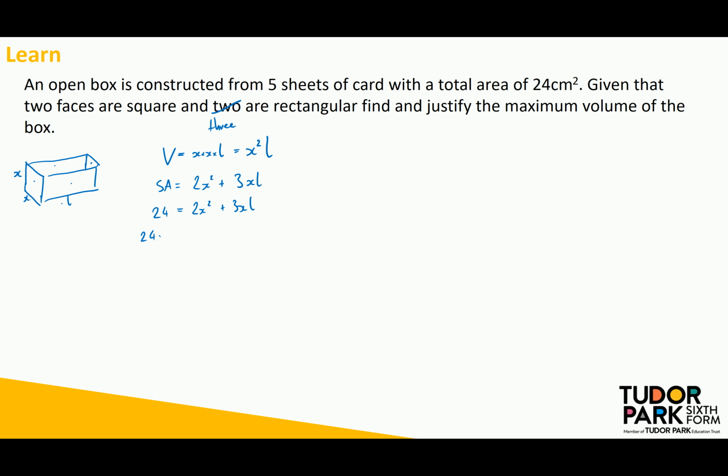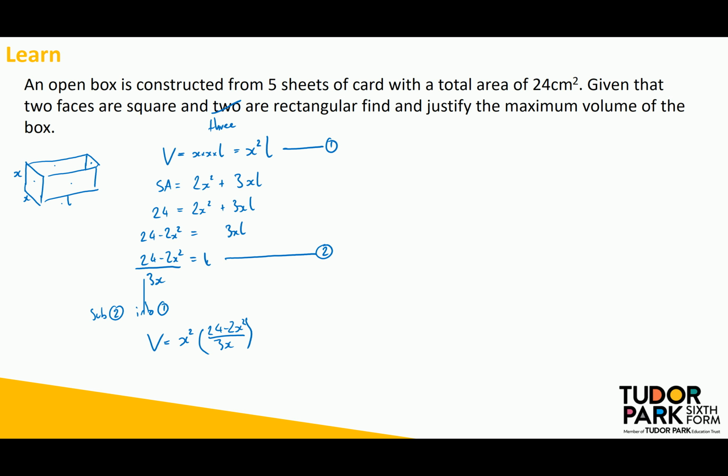So 24 minus 2x squared is going to be equal to 3xL. 24 minus 2x squared divided by 3x is equal to L. And now what I can do with my first equation and this second equation is I can substitute my second equation into my first. Now, the neat thing about this is it's going to eliminate that value L that I previously didn't know and leave me with x squared lots of 24 minus 2x squared all over 3x.